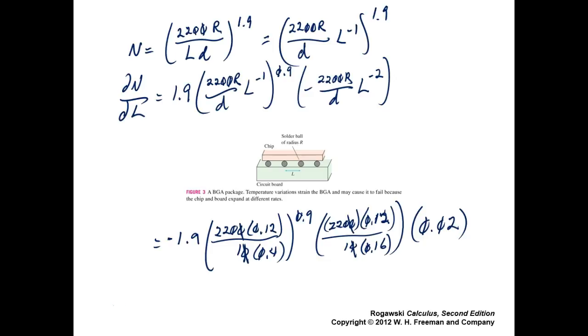So if your L is increased from 0.2 to 0.4, it reduces the number of cycles before your failure occurs. So if you've made them further apart, that gives you fewer cycles before the chip fails. Okay. So we got the right answer. It looked like they did it a different way, but we still got the same answer. All right.